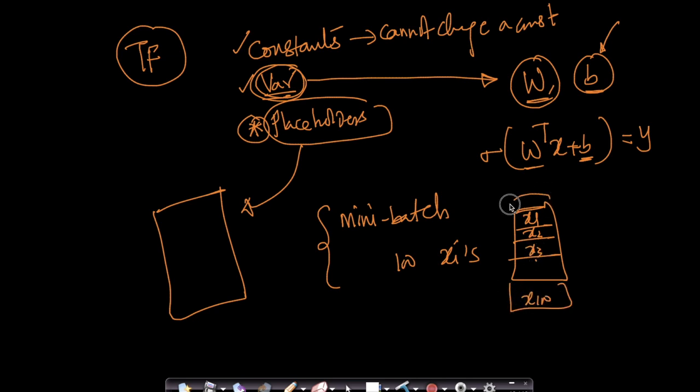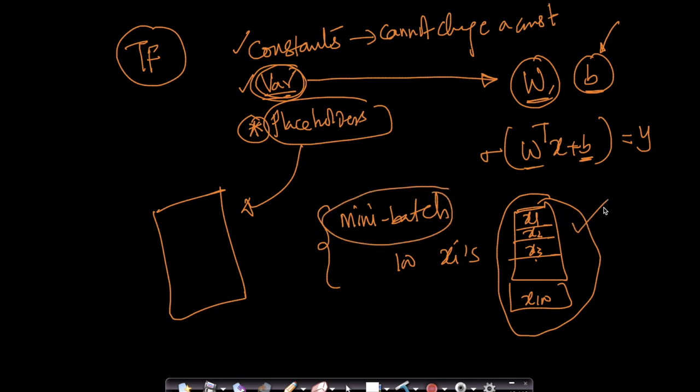You want some memory in which to store these 100 values. Since it's mini batch, you will use these 100 values to do one iteration, and after this iteration is over, these 100 values will be changed. So a placeholder is typically defined to store these transient things like mini batches.